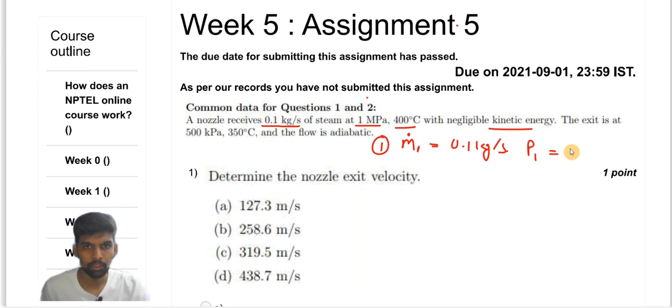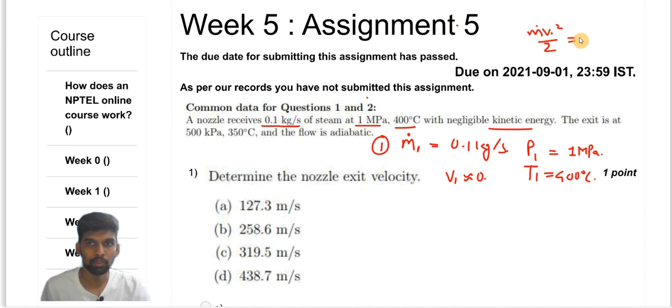Pressure at state 1 is nothing but 1 megapascal, and temperature at state 1 is 400 degrees Celsius. And negligible kinetic energy means V1 is 0, means V1 square will be 0, that is m dot V1 square by 2 is equal to 0. Since m dot is not 0, V1 square is equal to 0, which means V1 will be equal to 0. Okay, so this is our inlet state.